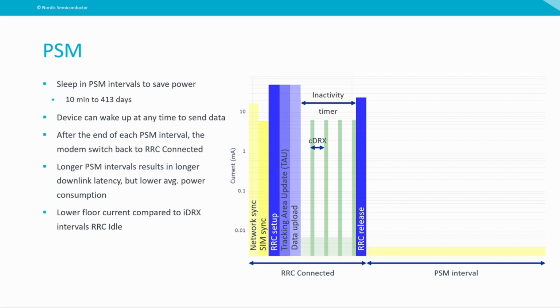Longer PSM intervals result in longer downlink latency, and the device cannot be reached by the network in this time. And the floor current is much lower in the PSM mode compared to eDRX in RC idle.